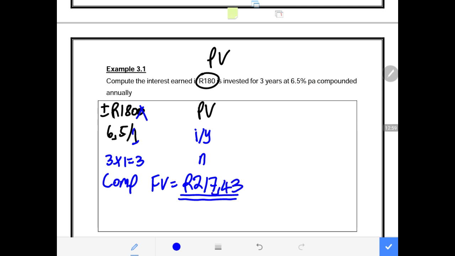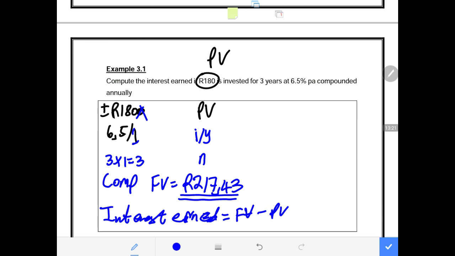So now we have the future value very easily from the calculations using the calculator. Then we say the interest that we have earned over the period of the investment will be equal to the future value minus the present value.